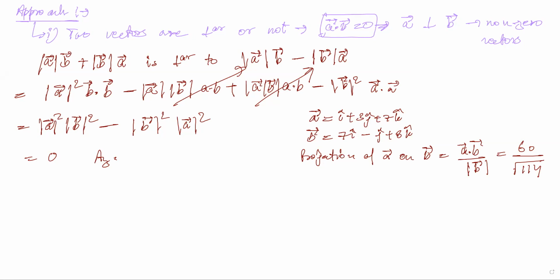But if you solve them, they'll be repeating. 3 terms will be repeating, and 3 will be -3, I mean a dot a, b dot b, and c dot c. So in that way, you can find out the answer in one calculation. So I got the answer, -3/2.